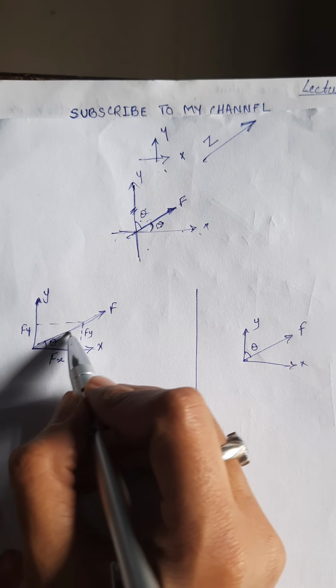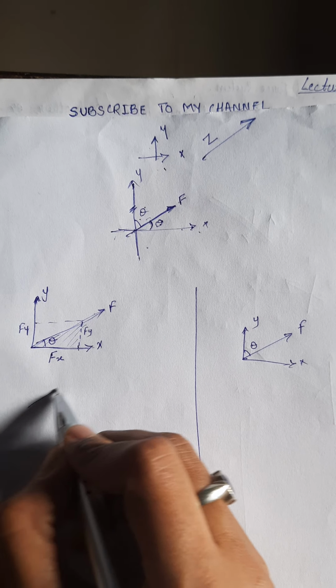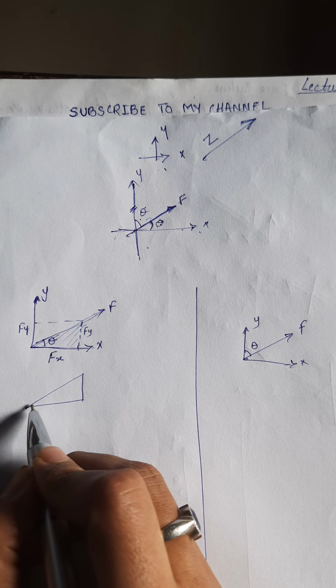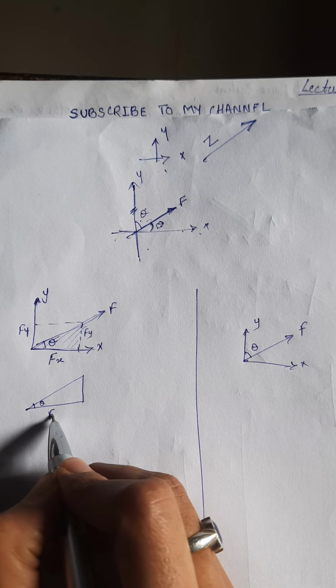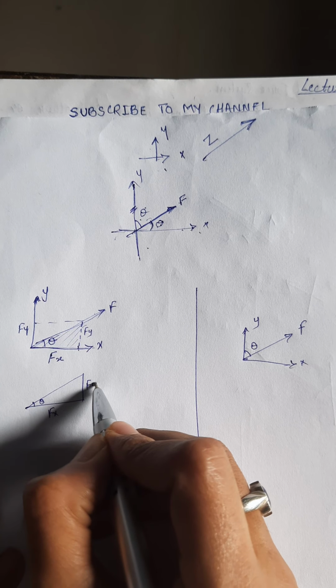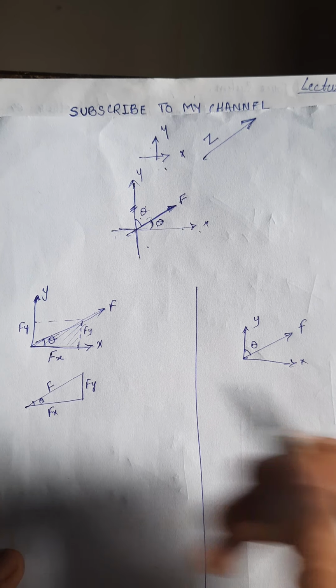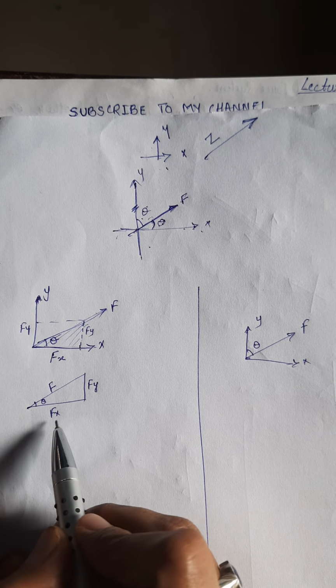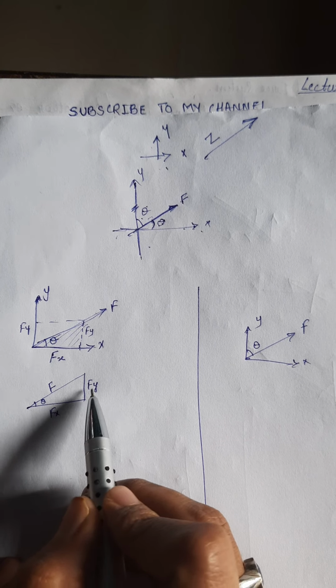Now just consider this right angle triangle. We have theta here, F of x and F of y. This is our force F. We have to find out the values of F of x and F of y.